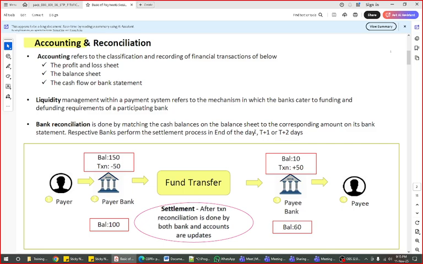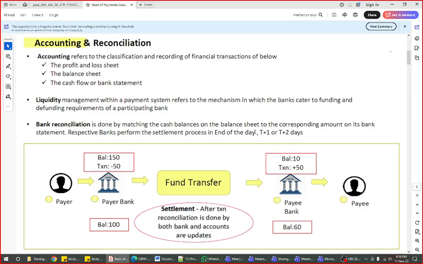There is sender and receiver, payer bank and receiver bank. We also have to consider the debtor and the creditor, if you are talking about ISO 20022. Yes, correct. Debtor and creditor, this kind of terminology you have to use.